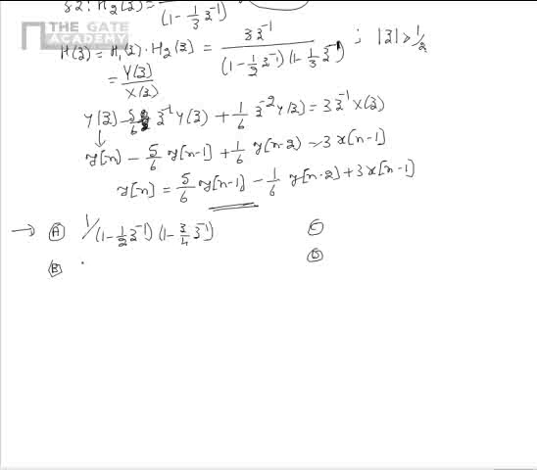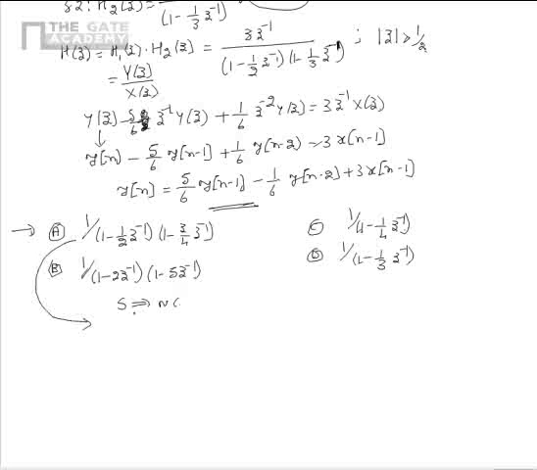For the system in B, the system function is 1 minus 2 z inverse multiplied by 1 minus 5 z inverse. The system in C has the system function 1 minus 1 by 4 z inverse, and the system function in option D is 1 minus 1 by 3 z inverse. We need to find for which of the above systems the stability implies non-causality.